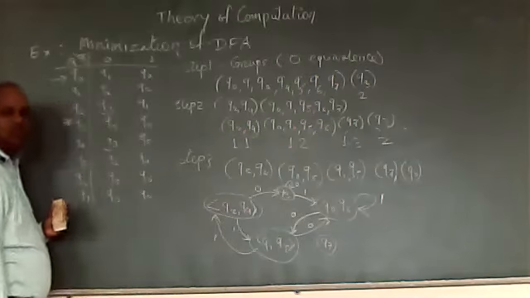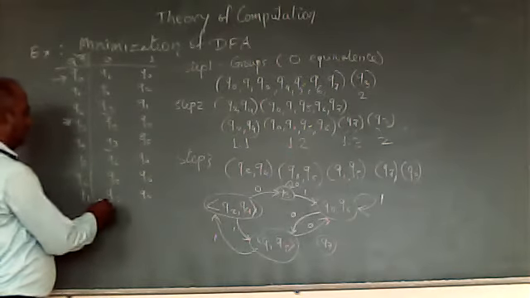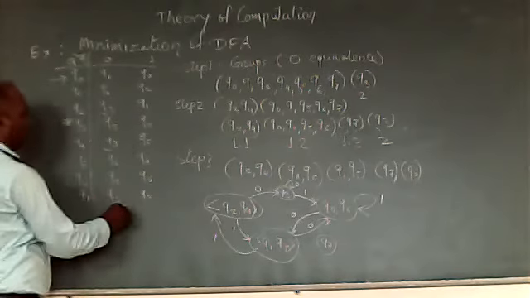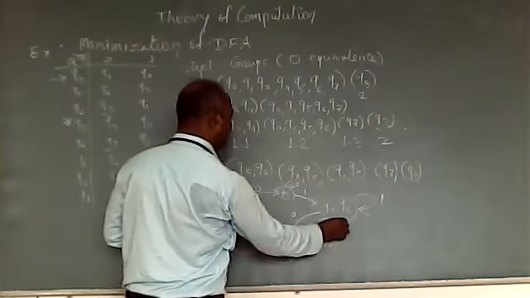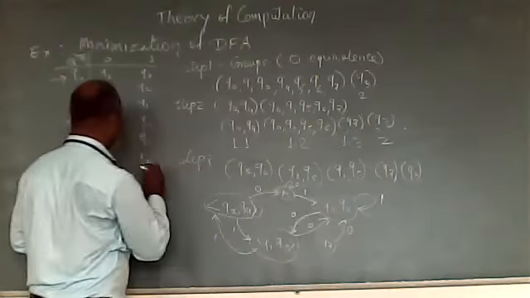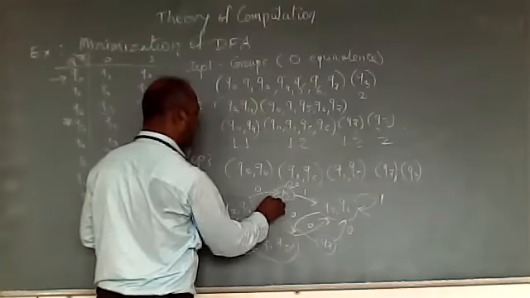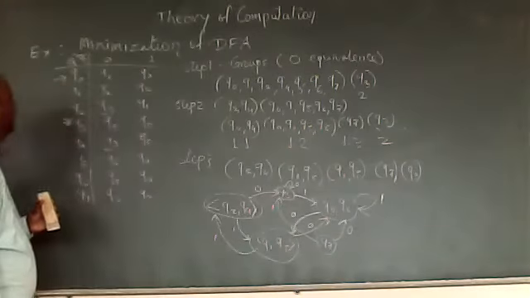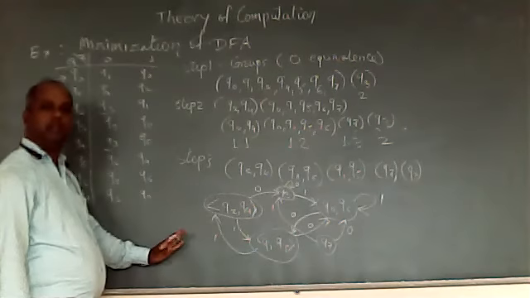And about Q7, with 0 input it goes to Q6, and with 1 input it goes to Q3. Okay. So this is my final reduced DFA.